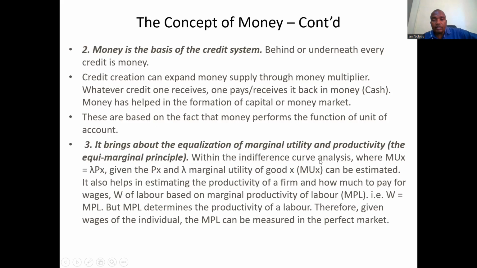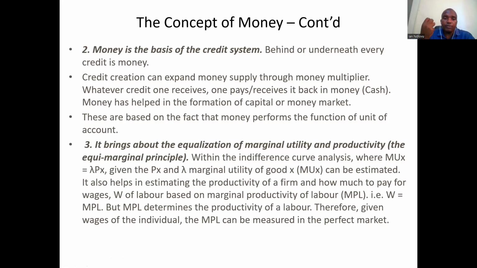We know that according to indifference curve analysis, the marginal utility of X is equal to lambda P of X, given that Px and lambda, the marginal utility of good x can be estimated. So we can estimate, for instance, our lambda. Our lambda becomes MU of x over P, which is the weighted marginal utility.